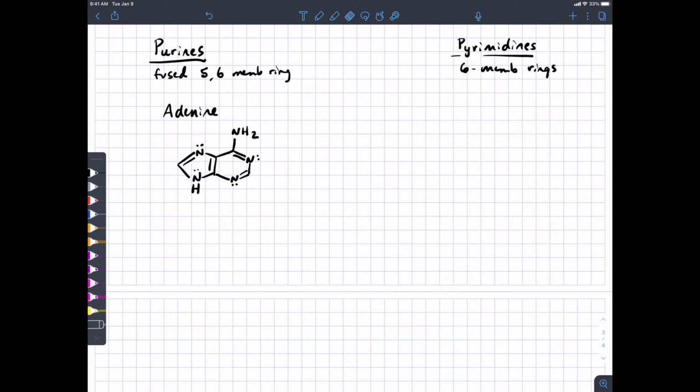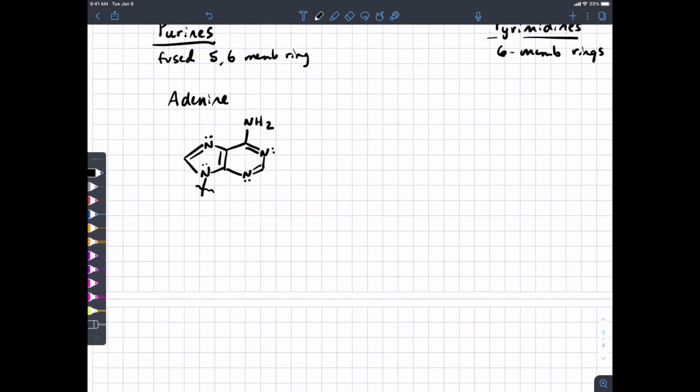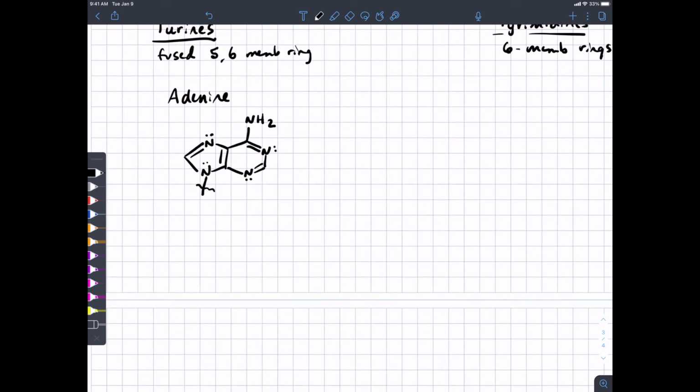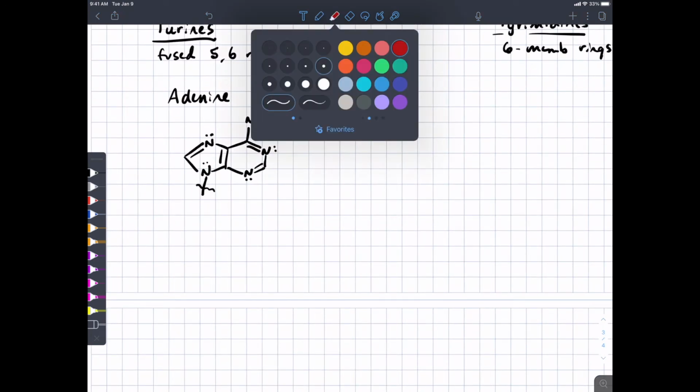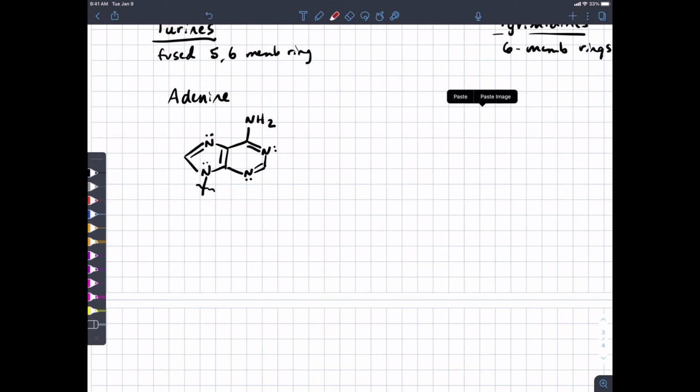Interesting features of adenine include, and I'm going to just draw a squiggly line because this is sort of where it's attached to the sugar. We're going to use red and blue. Red is going to indicate a hydrogen bond donor.